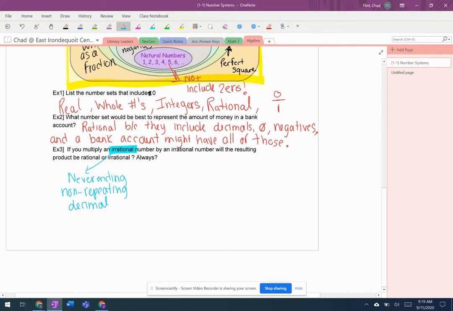So if I take a never-ending, non-repeating decimal and I multiply it by another never-ending, non-repeating decimal, that's going to end up with a bigger never-ending, non-repeating decimal in most situations.